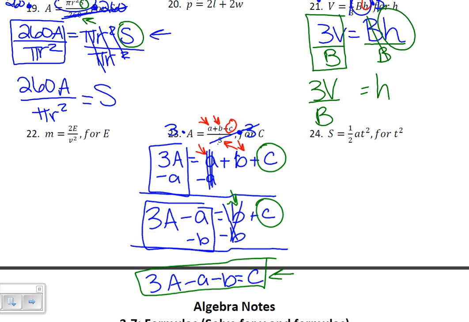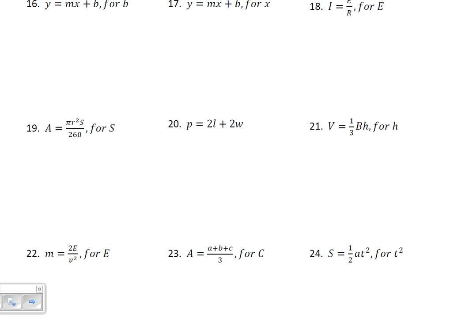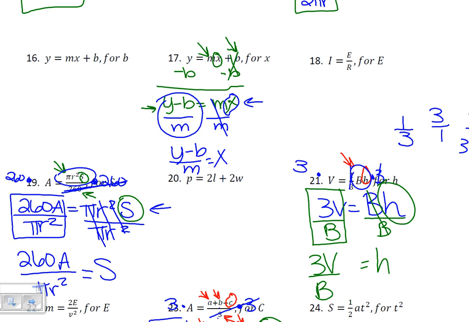Let's try some more. Let's go back up and do 18 here. Again, circle what you're solving for. I'm solving for E. I'm going to look to see what they did to E, and I'm going to undo it.